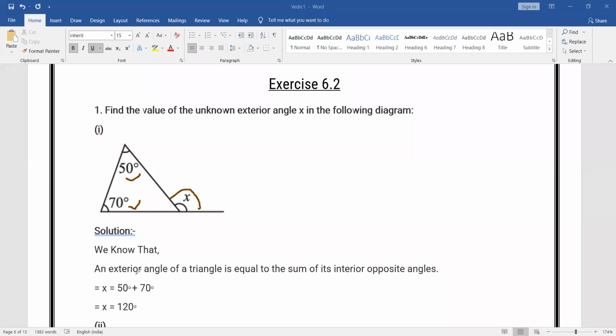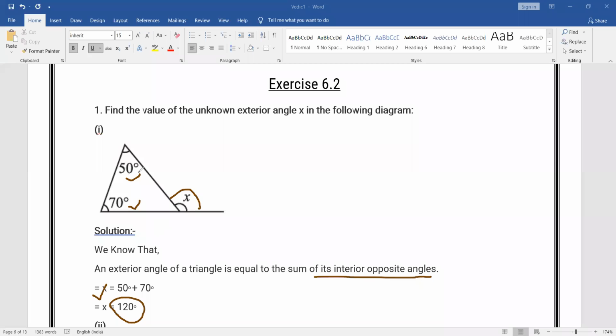So what will we write? The exterior angle is equal to the sum of the opposite two interior angles. This reason you have to give. Because of this reason, we can write that exterior angle x is equal to 50 and 70, and when we add 50 and 70, the result is 120.